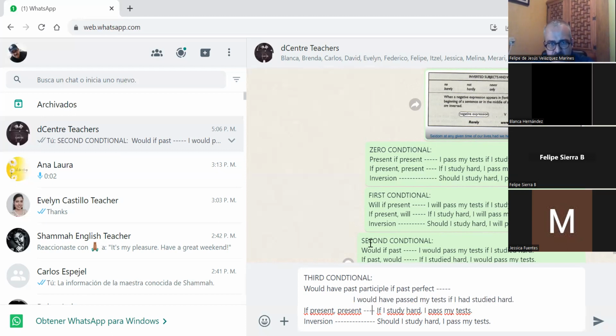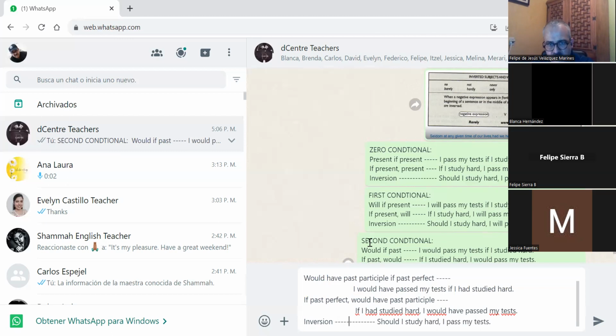Okay, so we can also front if for emphasis. If past perfect and would have past participle. Okay, so then we say, if I had studied hard, I would have passed my test.